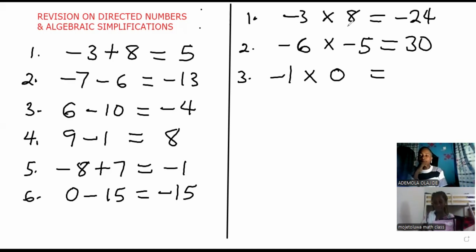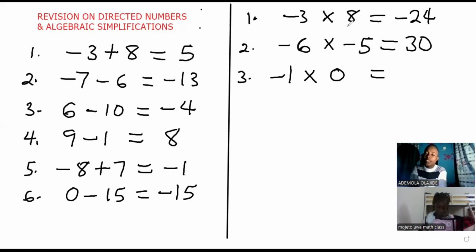What does any number multiplying 0 give you? If any number is multiplying 0, what will be the result? It's going to be 0.